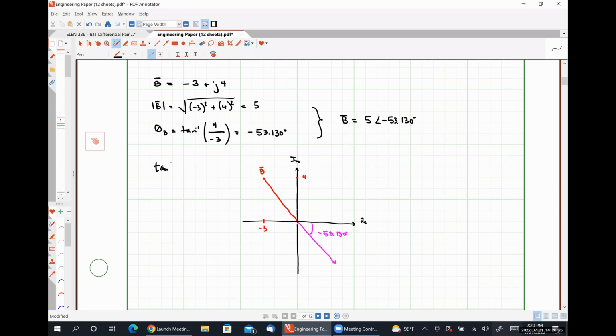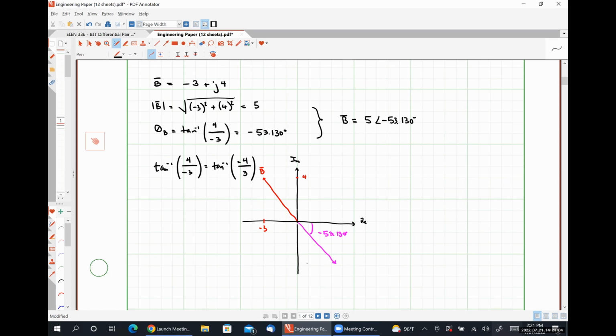So the inverse tangent of 4 over -3 is the exact same thing as the inverse tangent of -4 over +3, which makes sense, but our angle winds up in the wrong quadrant because the arctangent operation will always return an angle that is between +90 degrees and -90 degrees, okay?